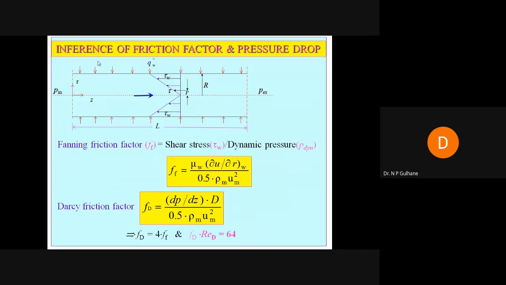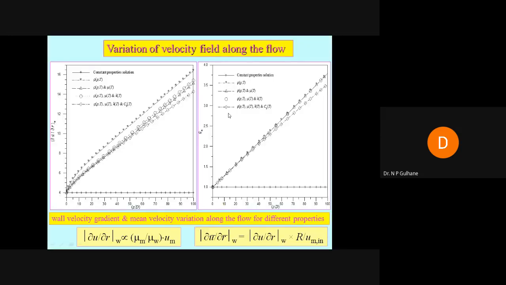Another study is the inference of friction factor and pressure drop. Because if you see at the peripheral Q double prime W, shear stress is maximum at both ends. But if you go to the center, shear stress is almost zero. So we are not going to check this friction factor pressure drop study.